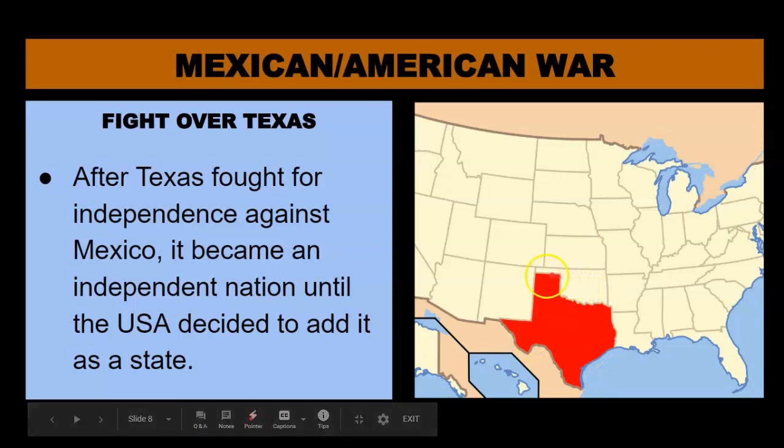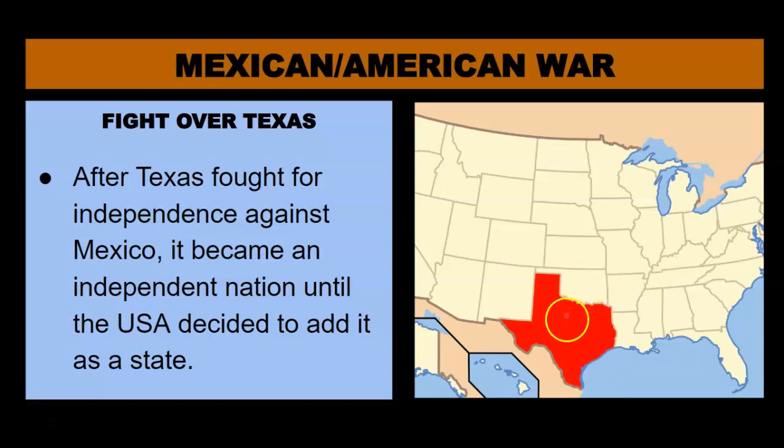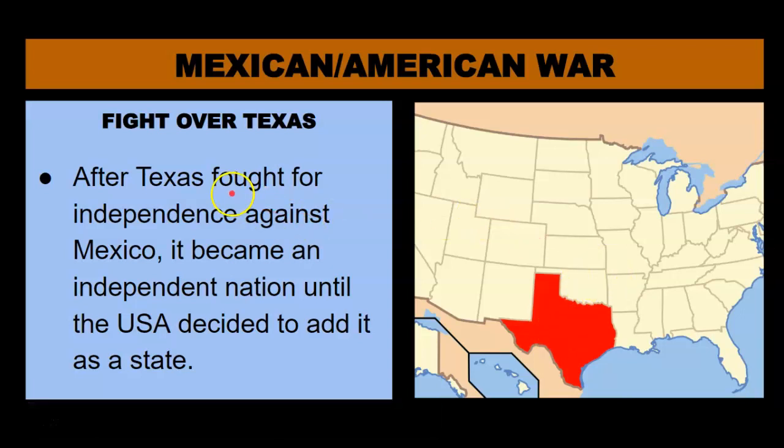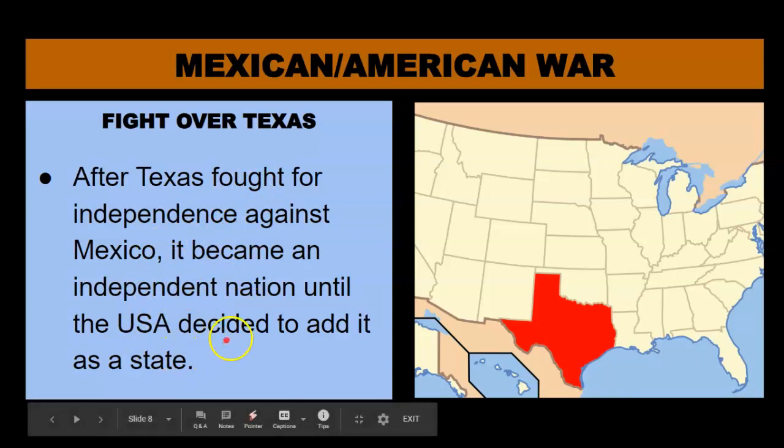So how did the Mexican-American War begin? Well, it began a few years later when America decided to add Texas to the United States as a state. After Texas fought for independence against Mexico, it became an independent nation until the USA decided to add it as a state.